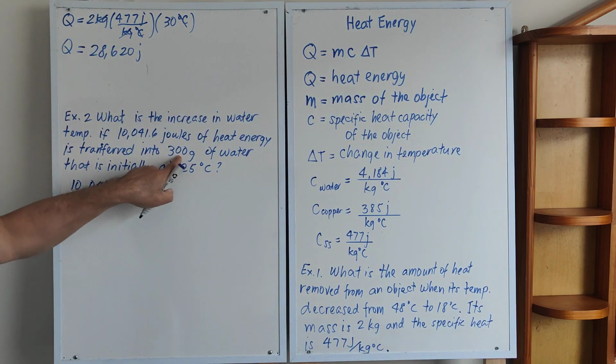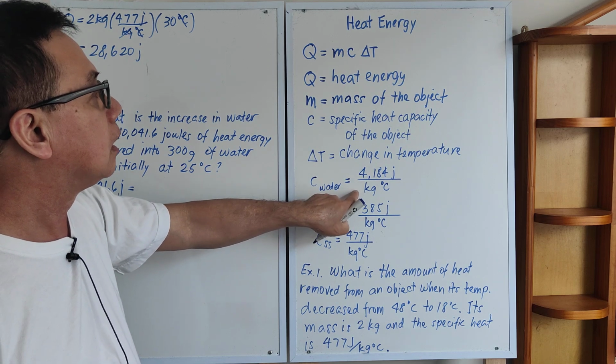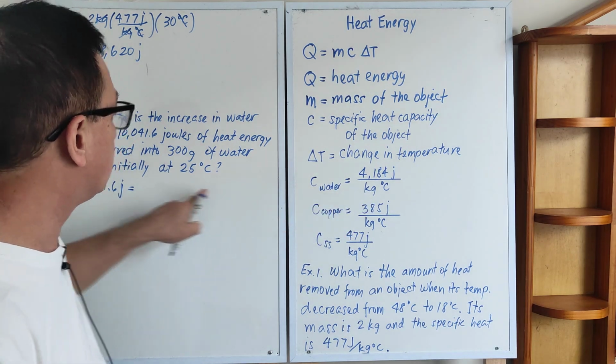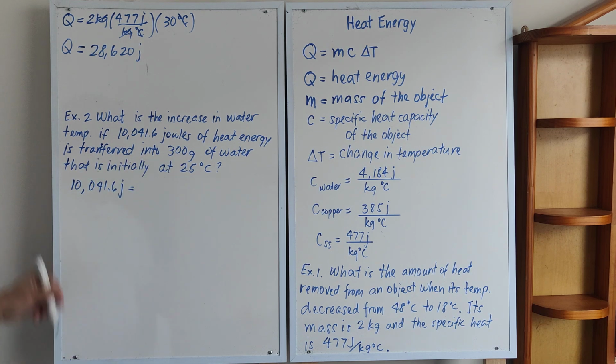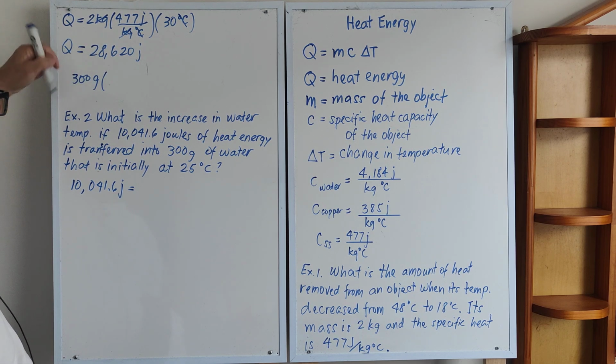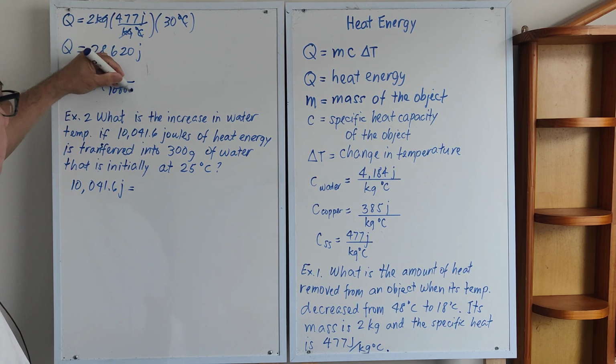Our mass is in grams, but our specific heat capacity is in kilograms, so we have to convert this into kilograms. One kilogram is 1,000 grams, so we put grams in the bottom: 300 grams times 1 kilogram over 1,000 grams.